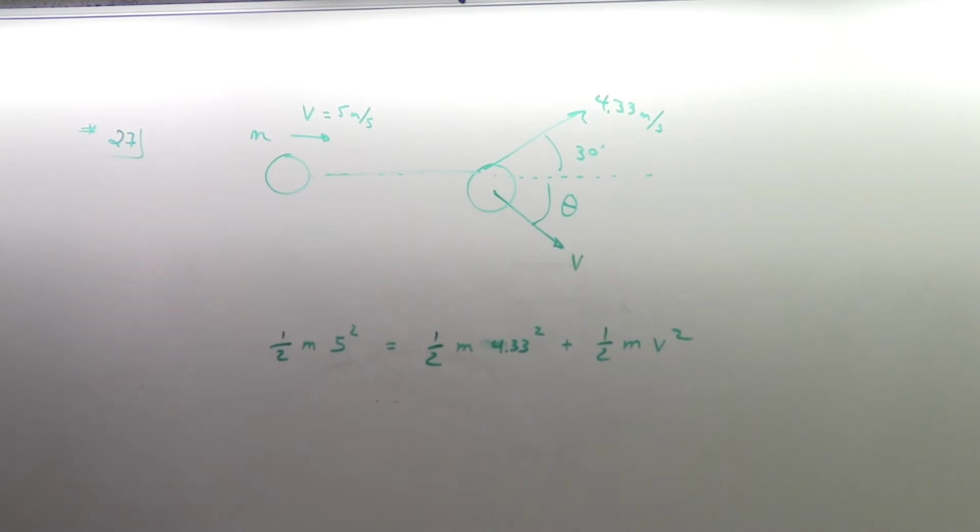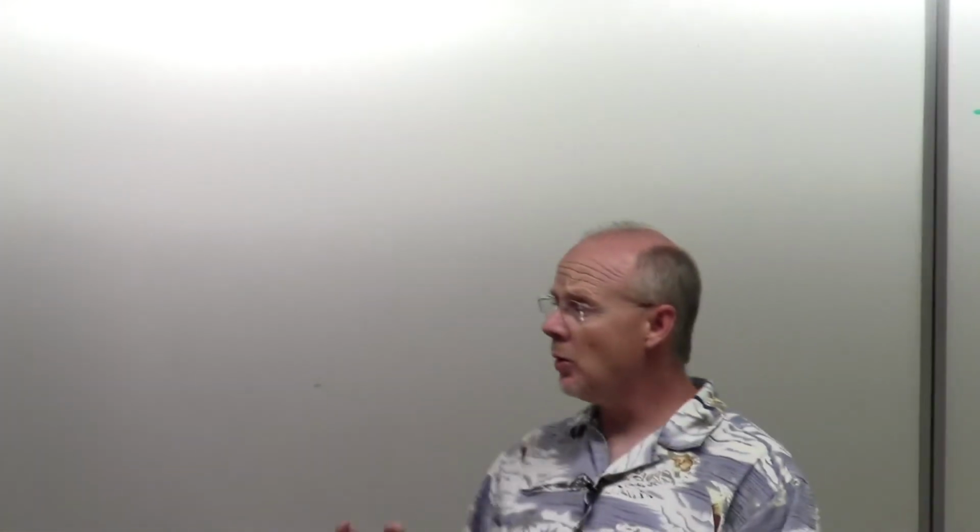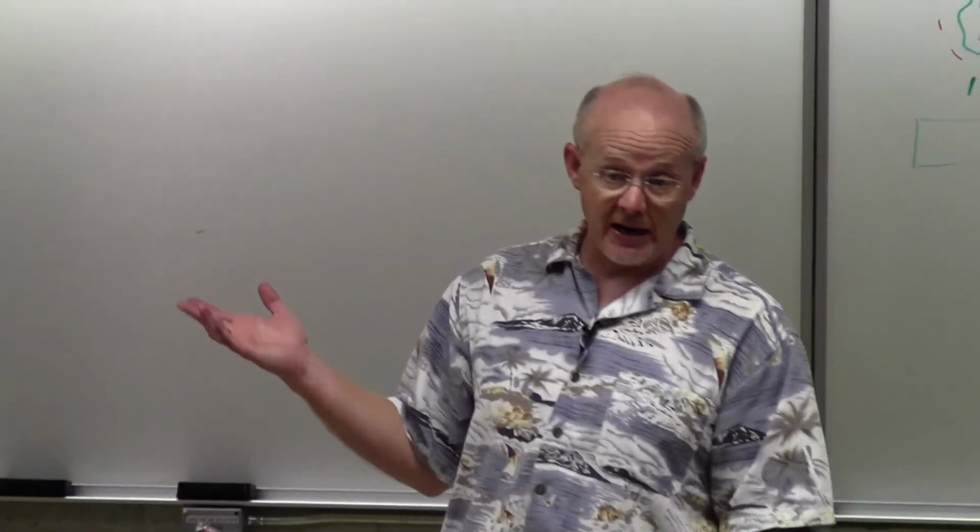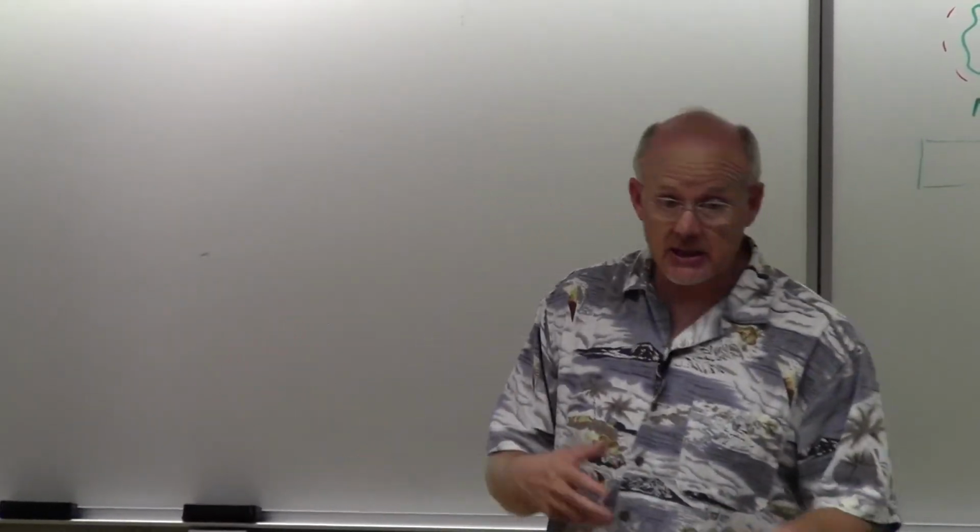So I'll tell you what, I'll expand the problem, because that doesn't even have momentum in it. But let's answer the question: what is its speed and what is its angle? How's that? So what is its speed can be answered right there. The fact that they said it's elastic means all the kinetic energy is the same here.